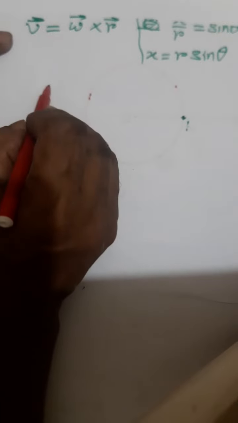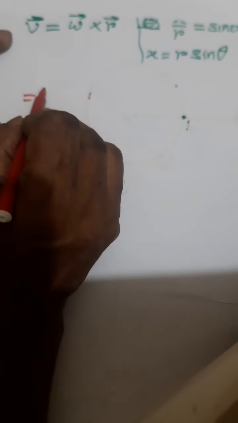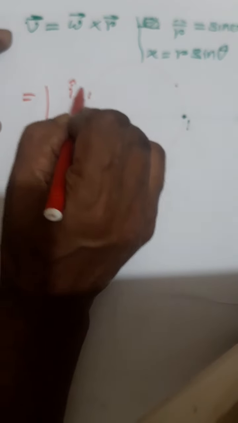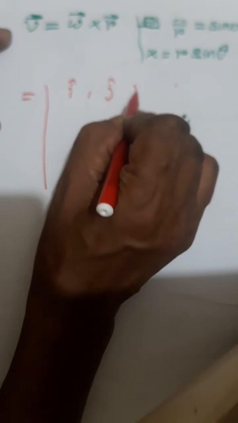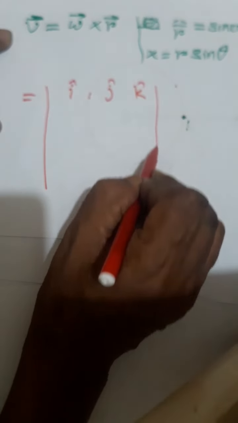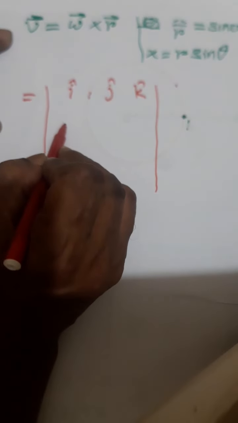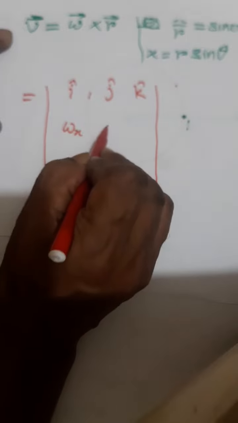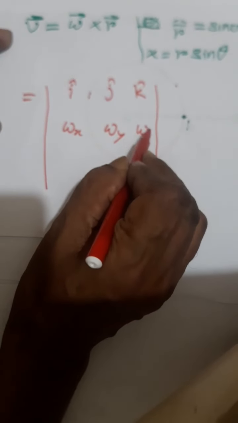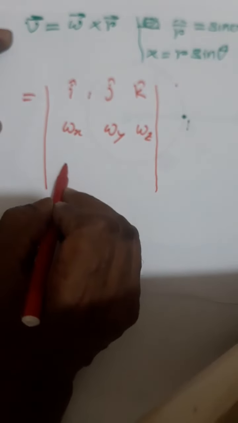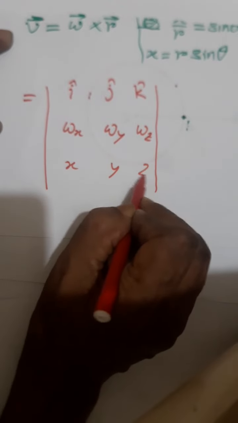It can be written in a determinant form: i, j, k; omega x, omega y, omega z; x, y, z.